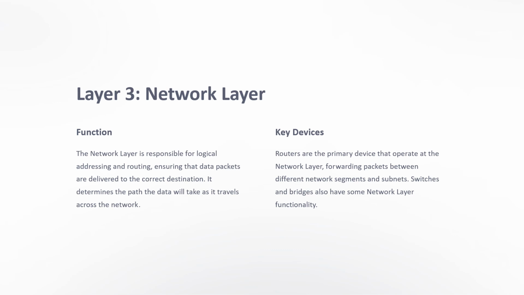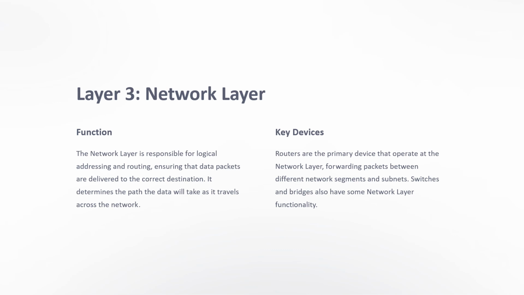The second is logical addressing. It uses IP addresses to identify devices on different networks. As we have discussed earlier, every device on every network has a different IP address. It also breaks down larger data packets into smaller ones so that they can be transmitted, and reassembles them at the destination.